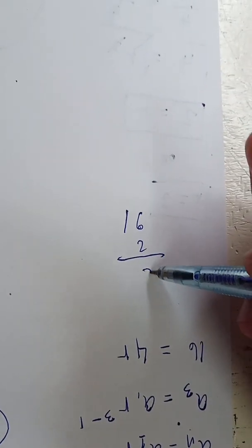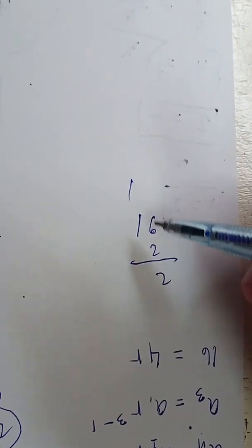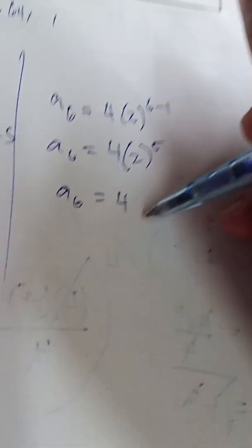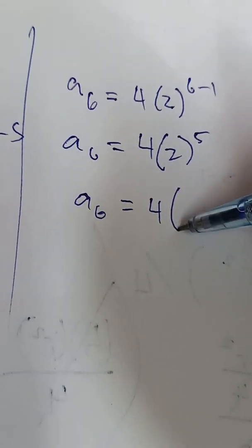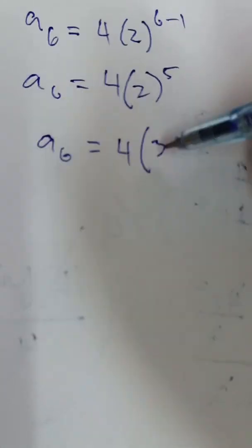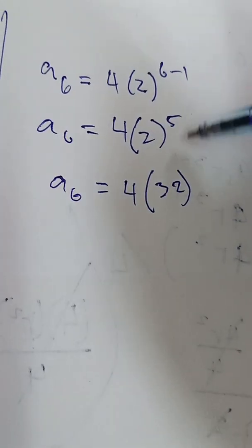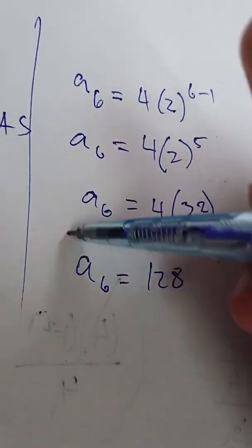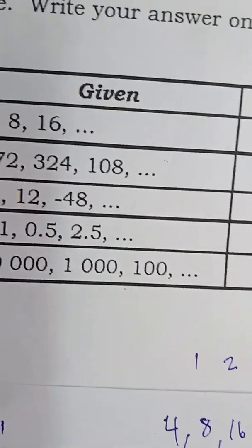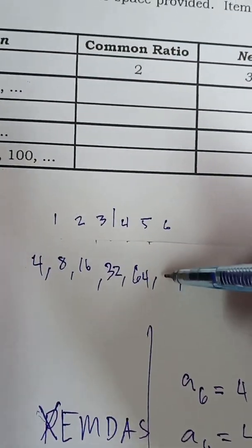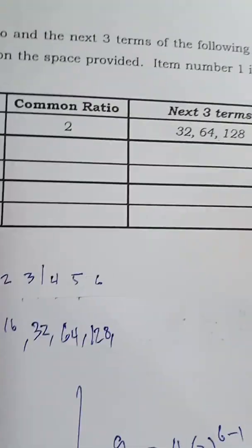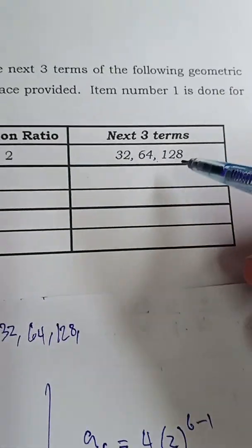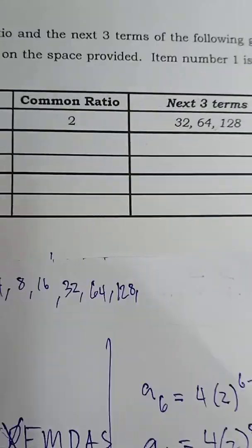So 2 raised to 5 is 32. A sub 6 is equal to 4 times 32, that is 128. So, yung pang-anim na term or pang-last term ay 128. So, yun. Okay.